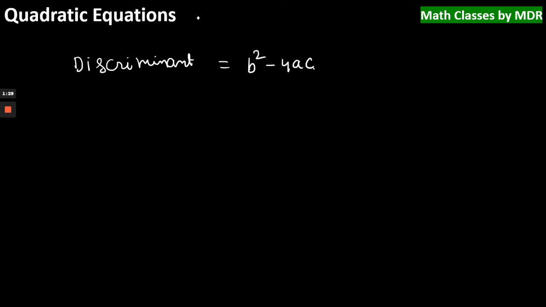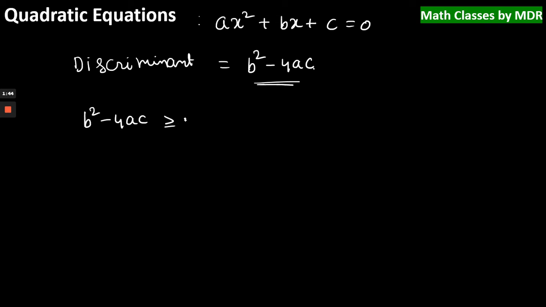For any quadratic equation ax square plus bx plus c equal to 0, b square minus 4ac is known as the discriminant. If b square minus 4ac is greater than or equal to 0, it will have real roots.